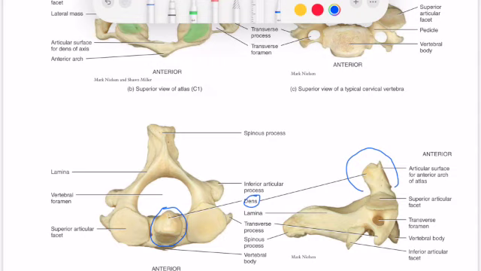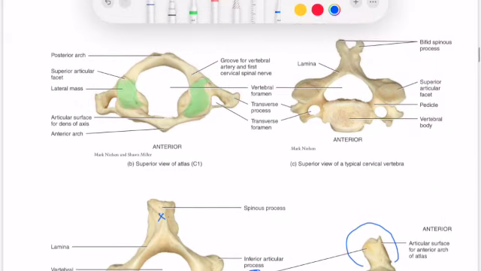We also notice that this does have a spinous process. And then the rest of the cervical vertebrae may have a bifid right here, which looks like a little fishtail. And now we're starting to get a little tiny body here.